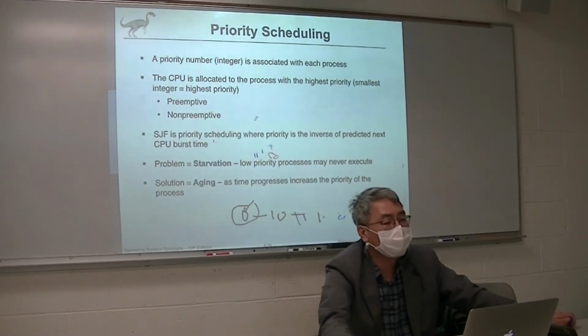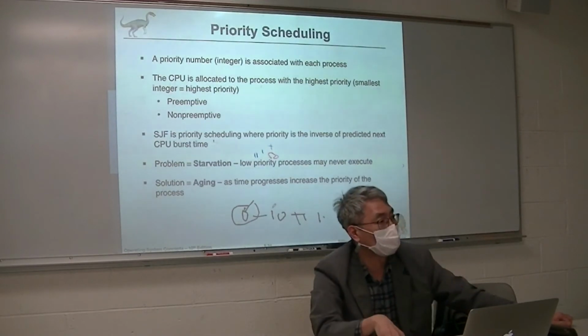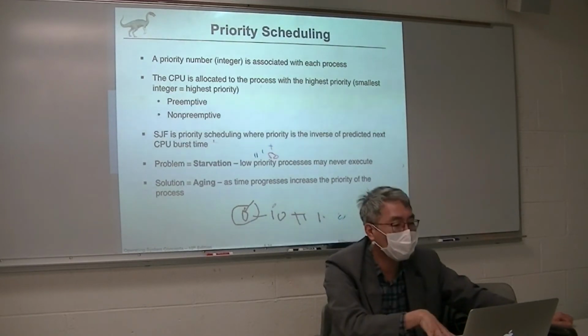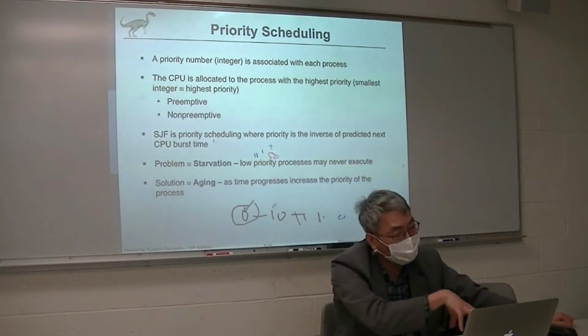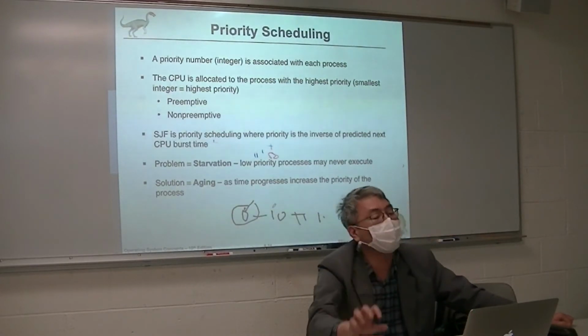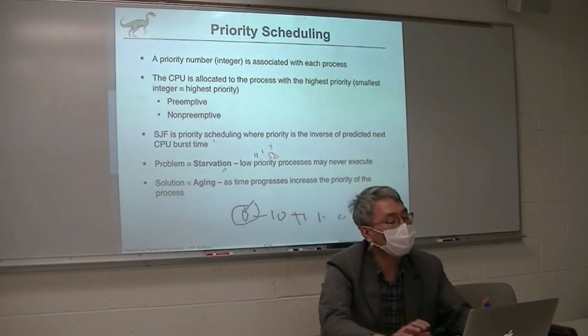So from that, we are going to assign the priority number when the process is created. So each process has a priority number. Then the dispatcher will select the process from the ready queue by checking the priority. Okay? So it's a simple implementation.